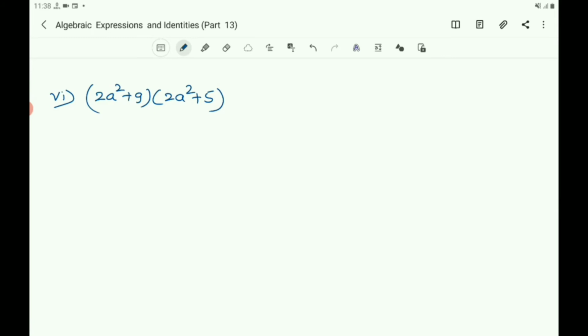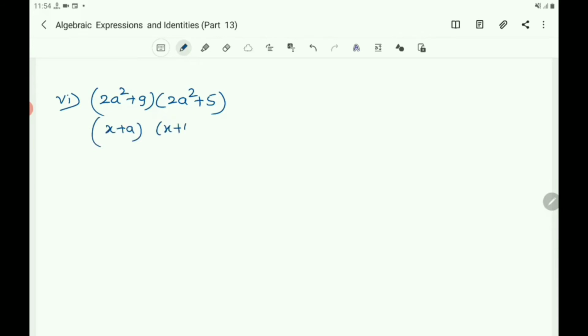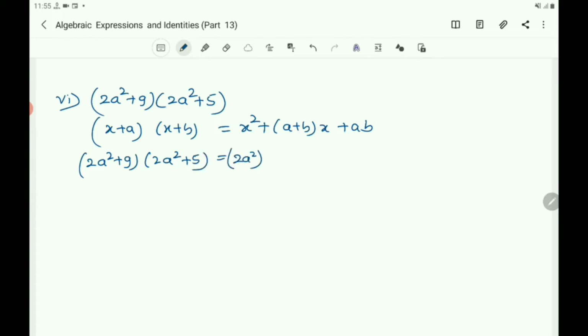Then you write the identity x plus a into x plus b equals x square plus a plus b into x plus ab.